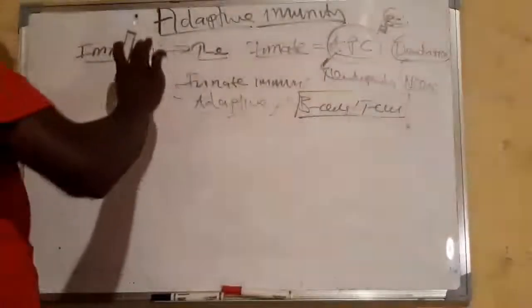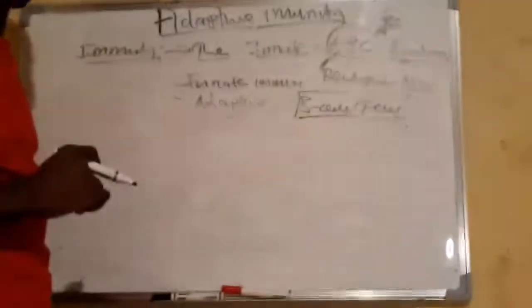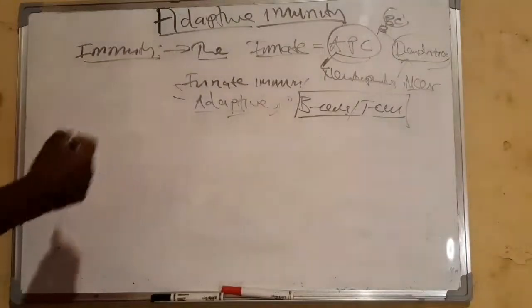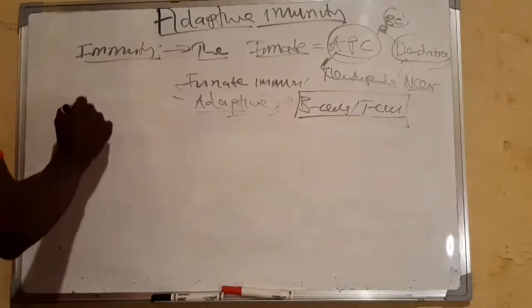So now, how does the adaptive immunity work? First, there must be the antigen presenting cell. Okay, so in this case, we are going to consider the macrophage.